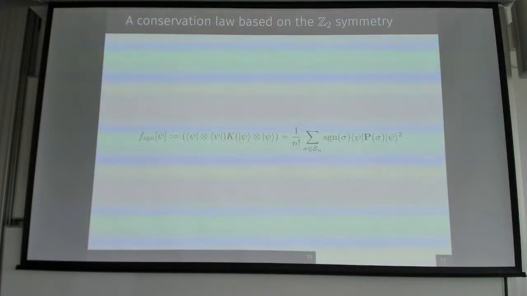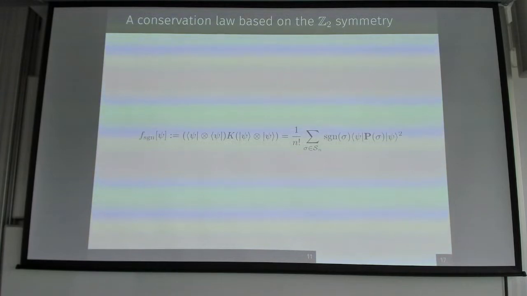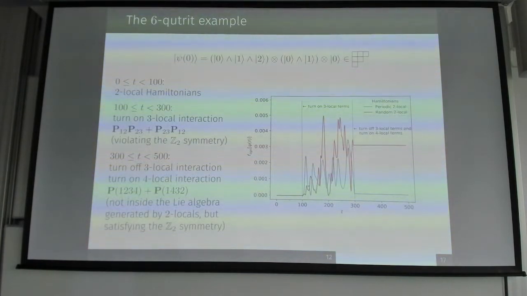Then we figured out a conservation law associated with this Z2 symmetry. I won't have time to discuss it, but it's a little bit peculiar because it's not quadratic in the state, as with a U(1) symmetry. It's quartic in the state. And we do some numerical simulation to confirm this.